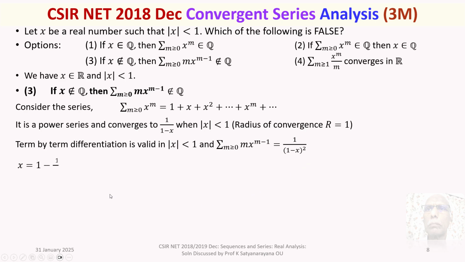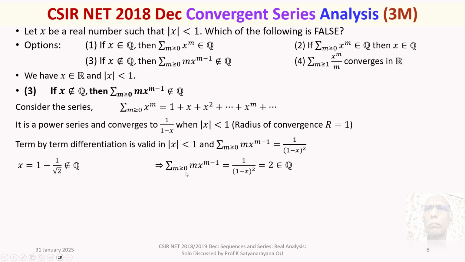Now, suppose you take x is equal to 1 minus 1 by root 2. This is an irrational number and mod x is less than 1.